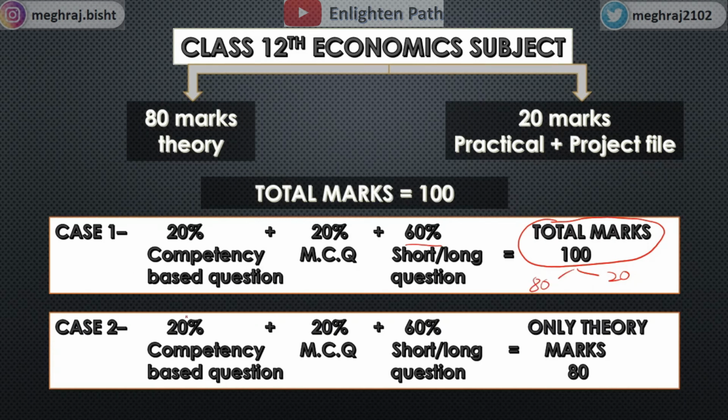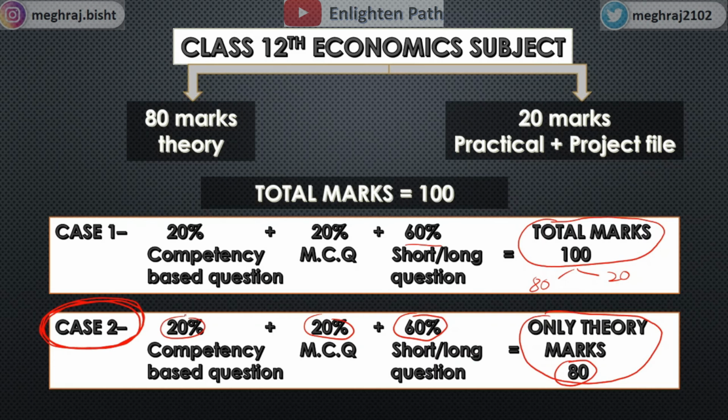But in case 2, this 20%, 20%, 60% breakup is from only the theory examination marks, which is of 80 marks. Of these two cases, case 2 is the correct case according to the CBSE circular.